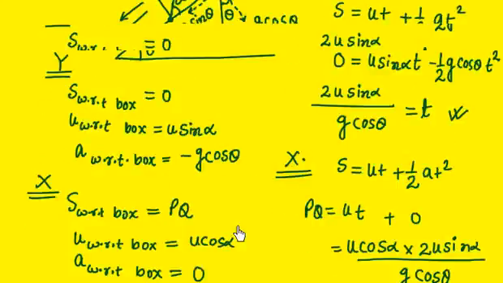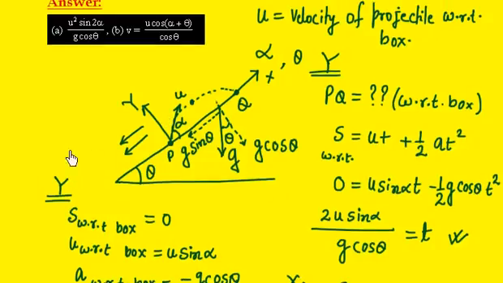Initially, let us say this box was going in this direction with velocity v. So this is the initial velocity of the box. The question says there is no displacement in the x direction from the ground. And if you see from the ground, what is the velocity in the x direction?